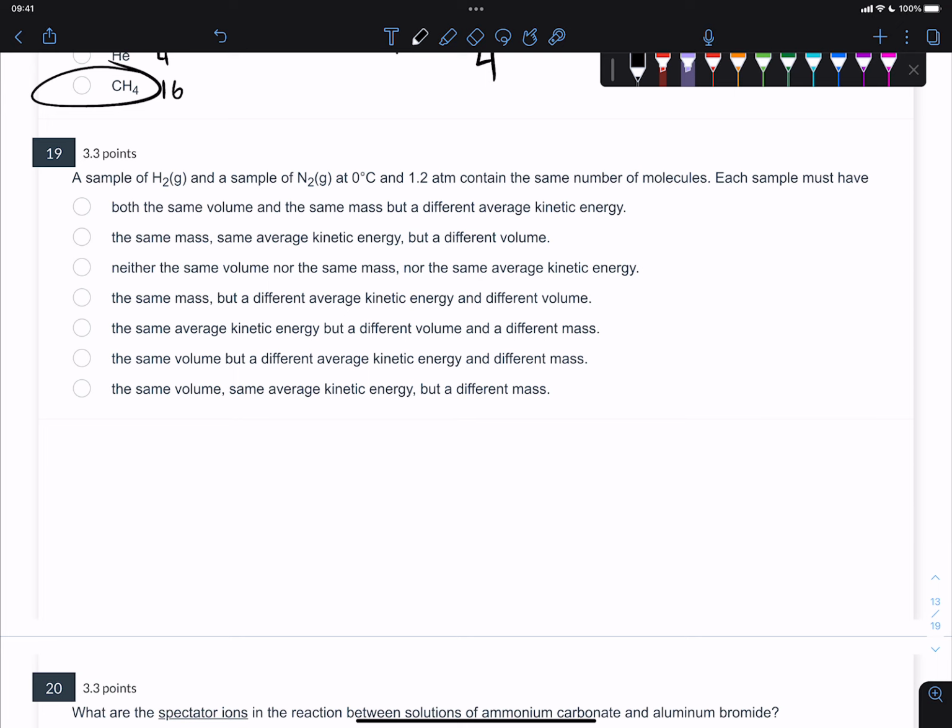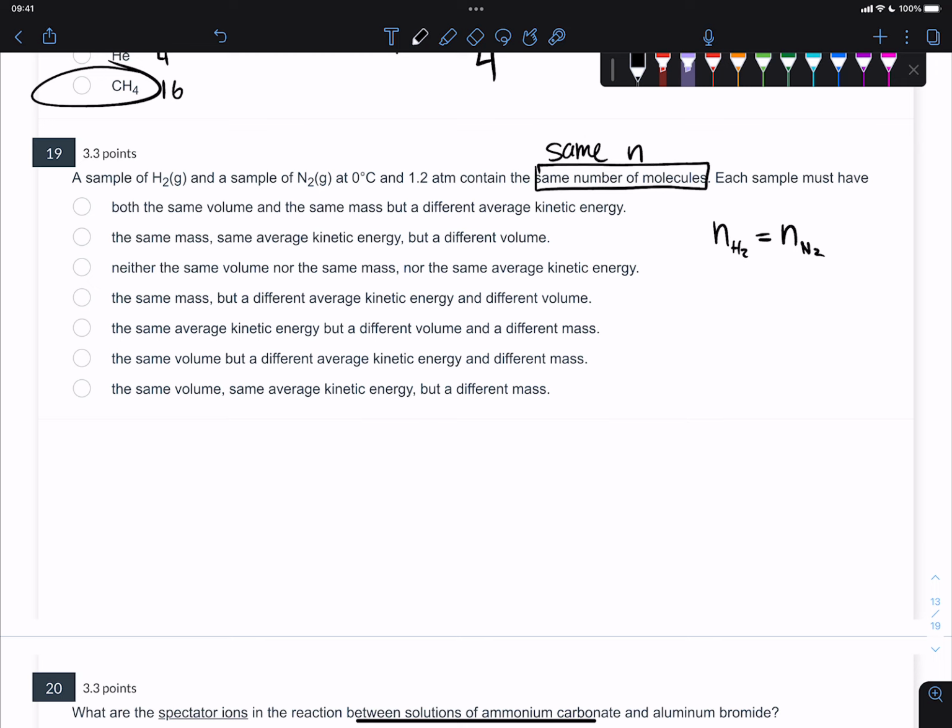Question 19. A sample of hydrogen and a sample of nitrogen at 0 degrees and 1.2 atmospheres contain the same number of molecules. Therefore, they're also the same number of moles, by the way. So same n, which is number of moles. You can also write it out as the number of moles of H2 is equal to the number of moles of N2 in these samples.